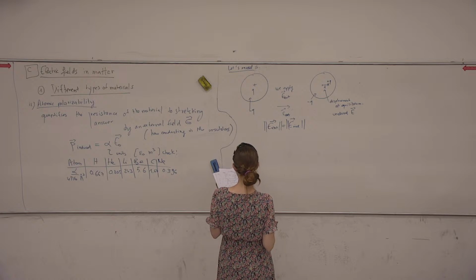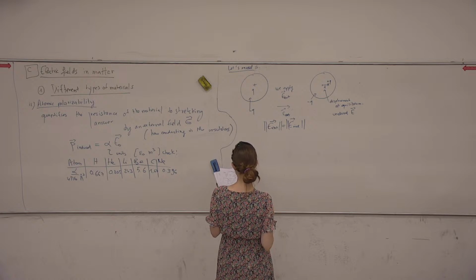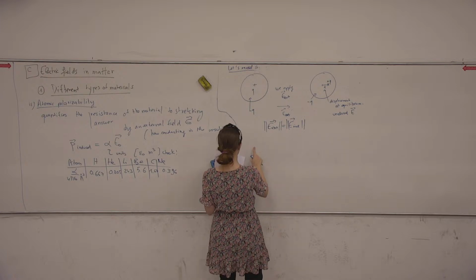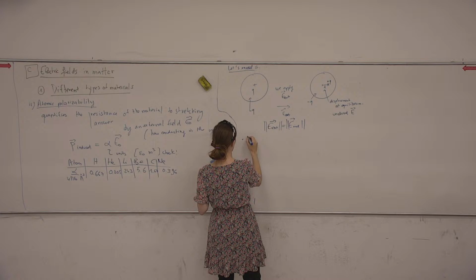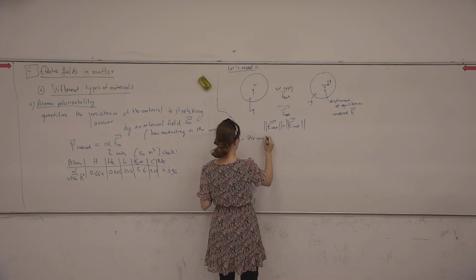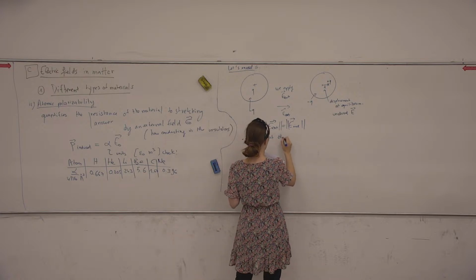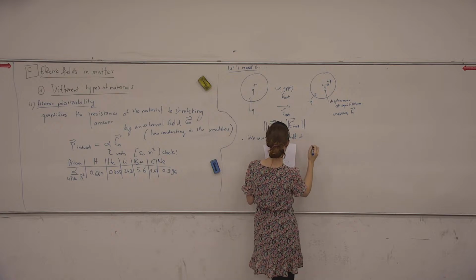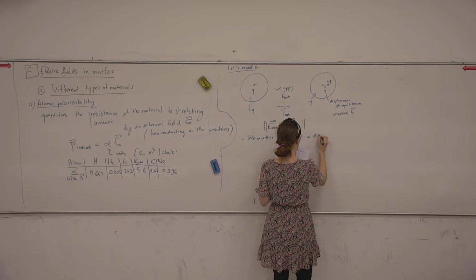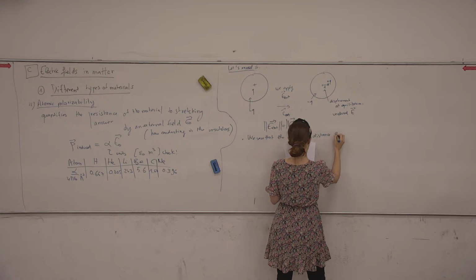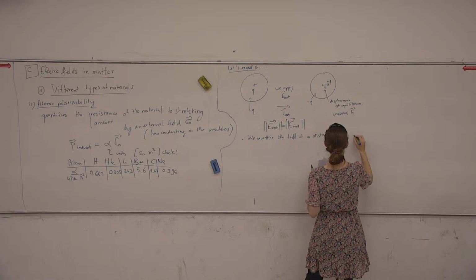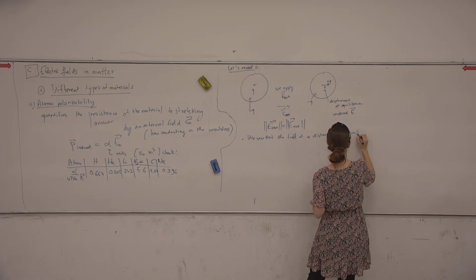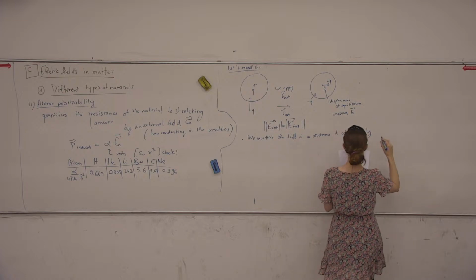Now we saw that the field at a distance D of a uniformly charged sphere is what? This is just a very simple application of Gauss.